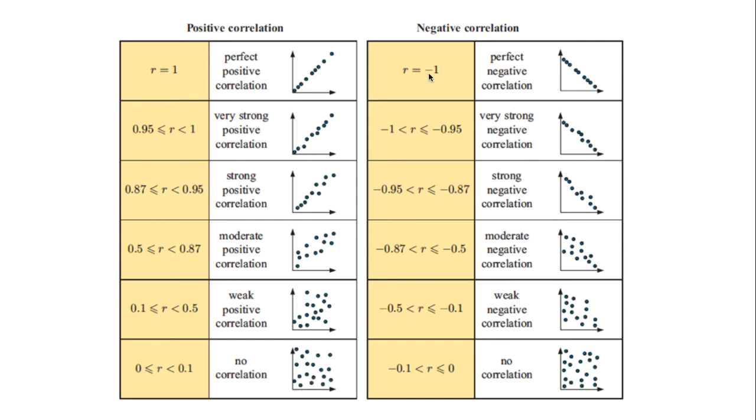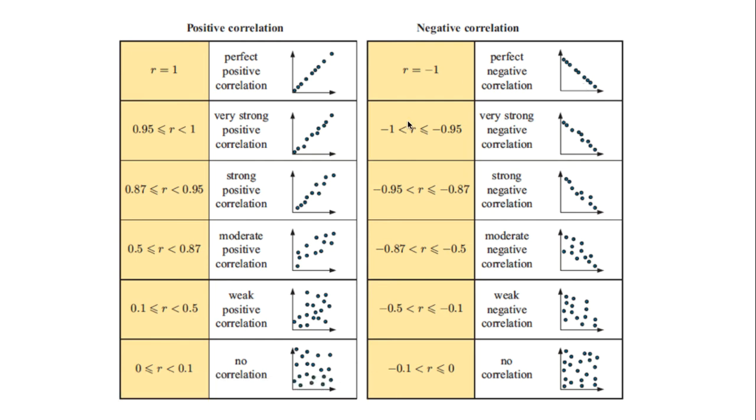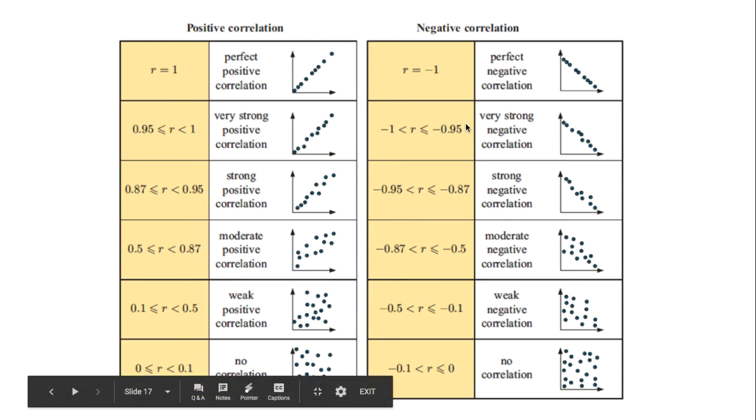So the sign of the correlation coefficient will tell you whether it's a positive or a negative correlation. And then the actual value could range anywhere from +1 all the way to 0, where there's no correlation, and then all the way down to -1, which is a perfect negative correlation. But the actual magnitude of that number tells us how strong or weak the correlation is.